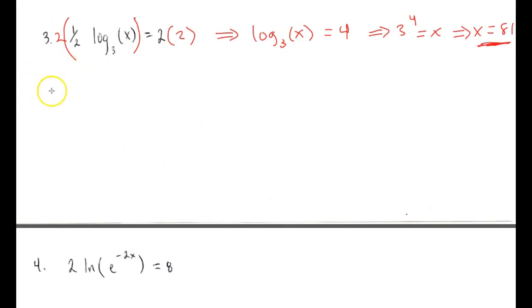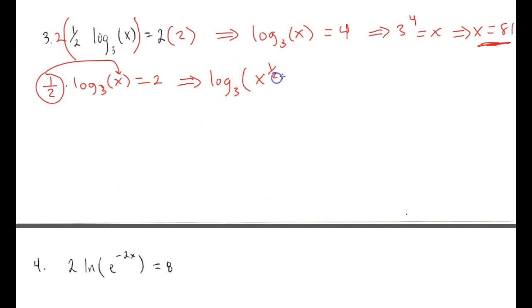Now, if we went about this the other way I was proposing the first time, then we could use the property that allows us to take this number and put it back in the exponent. And if we did it that way, we would have log base 3 of x raised to the 1/2, which is equal to 2.